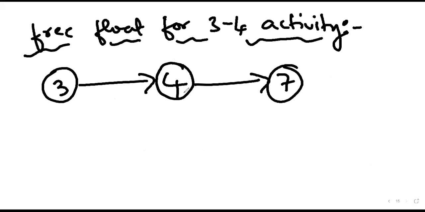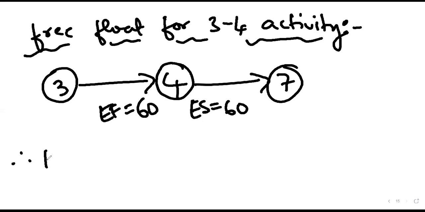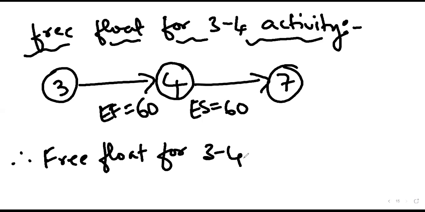What is the early start for 4-7? 60. Early finish for 3-4? 60. Okay. Therefore, free float for 3-4 activity is equal to 60 minus 60.